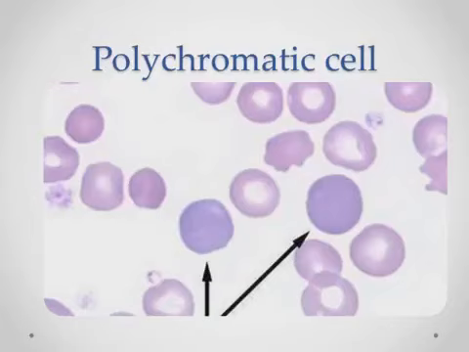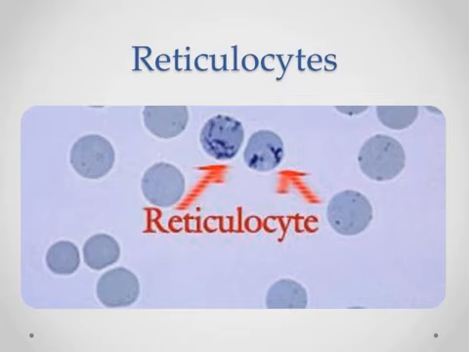This cell is very significant for many diseases, and to discover the actual shape of this cell we have to do another stain. The other stain is called supravital stain. This supravital stain represents what are called reticulocytes or retics. What are the reticulocytes?